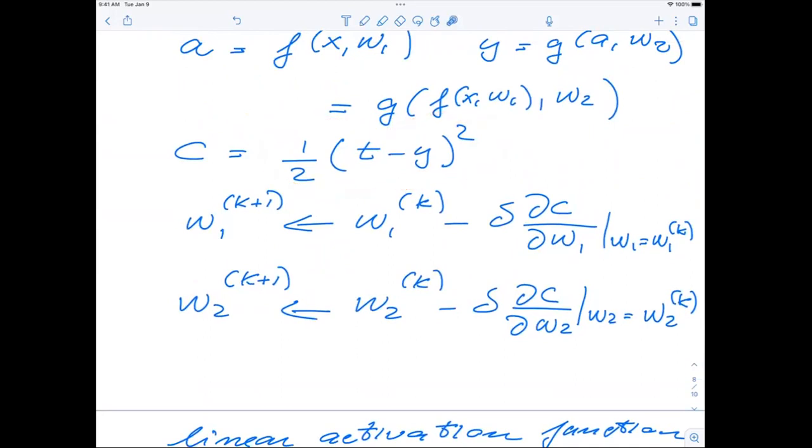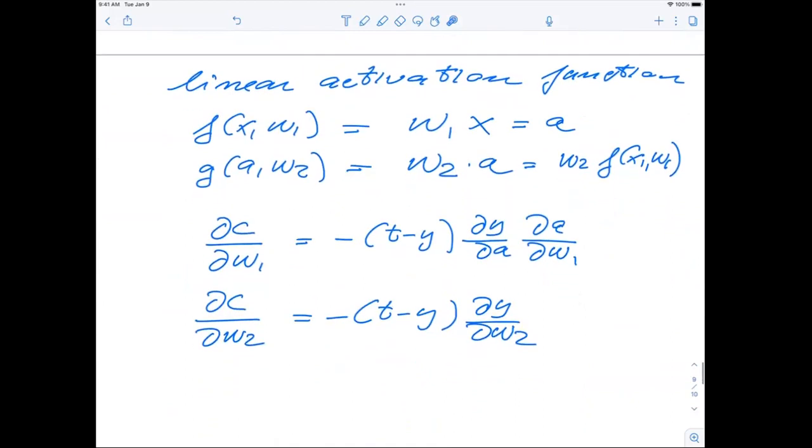So we have y is going to depend on the parameter W2, as we see from this expression. So this is our output y. So it depends on W2, but it depends also on W1. And that's why we would have this specific expression here for the derivative of the cost function with respect to W1. And then we have a similar expression when we take the derivative with respect to W2.